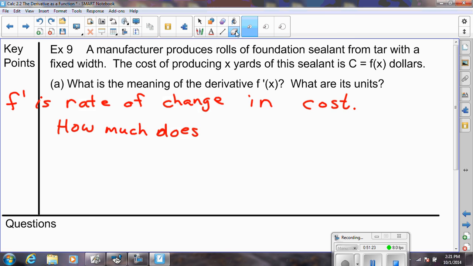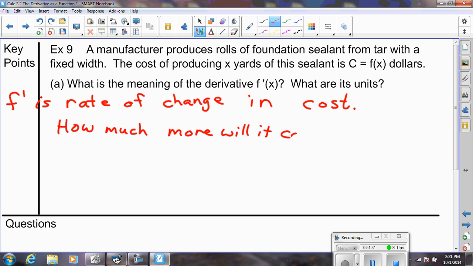Not just how much does it cost, that would be the cost function. This is the interpretation for our cost function.